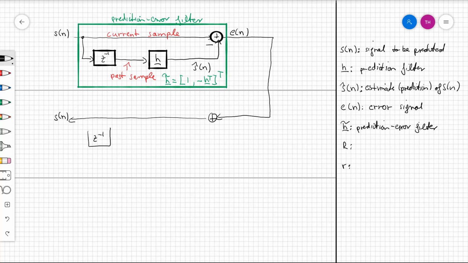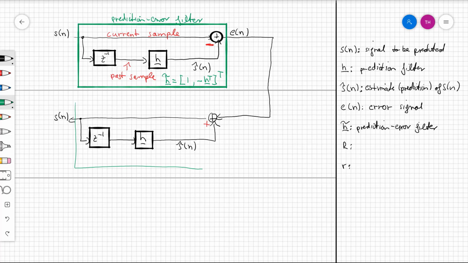We insert our delay element, we insert our prediction filter, and those are the very same coefficients we used up there. But the estimate of S of n we get out of this, we don't subtract, but we add, because up there we subtracted, here we need to add. Then this entire structure is the inverse of the prediction error filter.